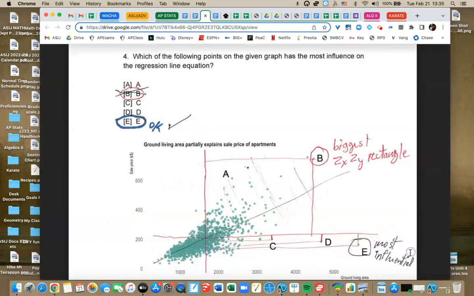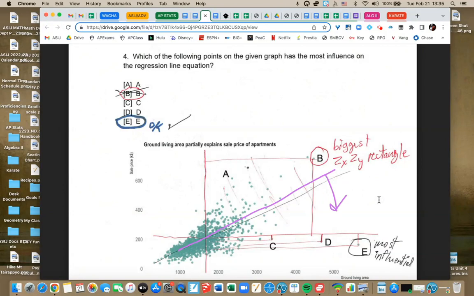So this point E down here, it's like leverage, right? This thing is so far away from the center that it has a lot of leverage. B has leverage too, but B is not going to change the slope because the slope goes right up through here anyway, really close to B. So E has more influence because it's going to take this slope and pull it down towards E. It's going to change the slope of your regression model.